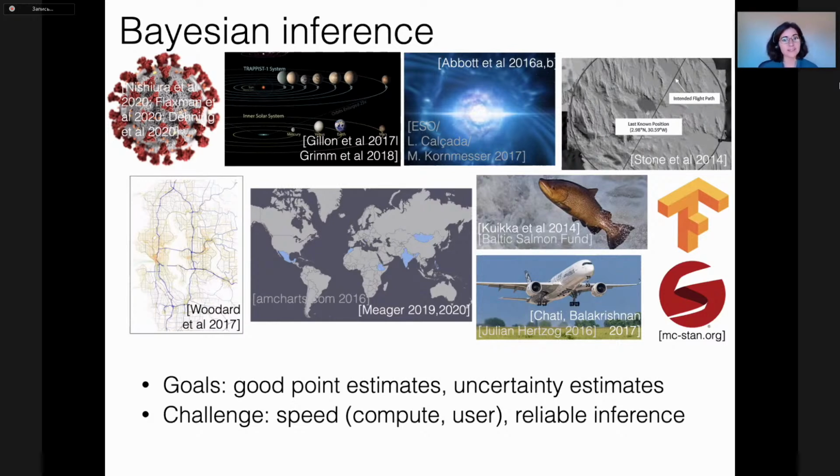There are methods that can be very accurate, that have a lot of diagnostics and theoretical guarantees associated with them, but might be quite slow in practice, especially on larger data sets. And conversely, there are methods that can be extremely fast. We even talked about just using MAP, but it might not be as reliable, at least for the purposes that we've been discussing here.